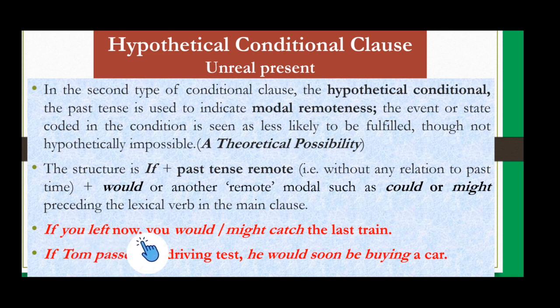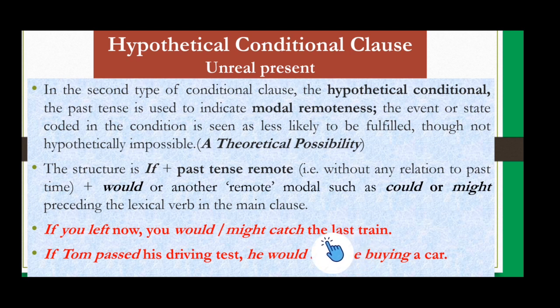If you left now, you would or might catch the last train. You can see that here we have two clauses. If you left now is the conditional clause, and you would or might catch the last train is the result clause. So, are you leaving now? Not at all. You're not leaving now. And are you going to catch the last train?